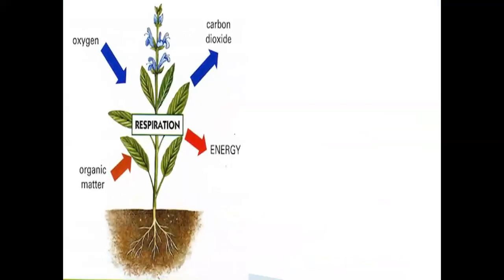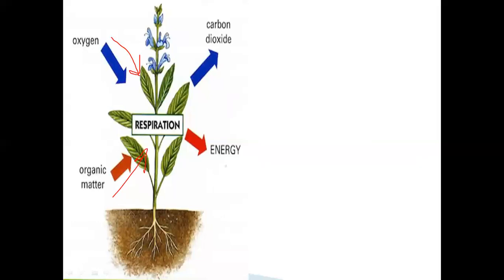Okay, if you see this diagram, there is a respiration process: oxygen is taken in, organic matter is taken in. Organic matter means glucose that is already produced in the leaves.